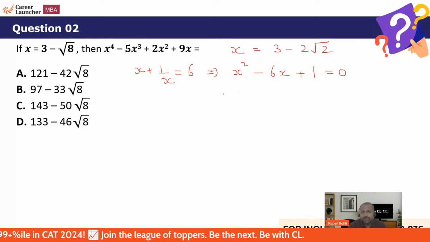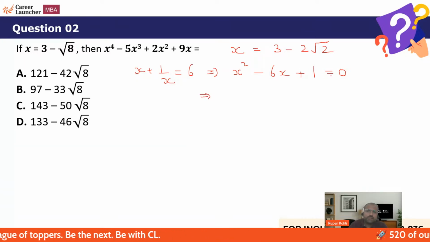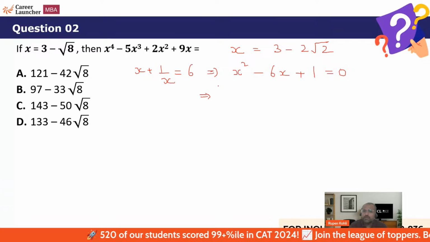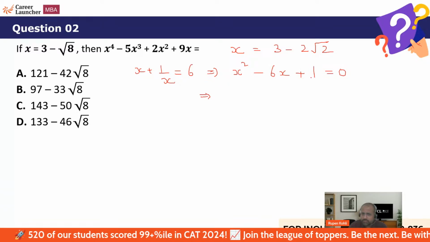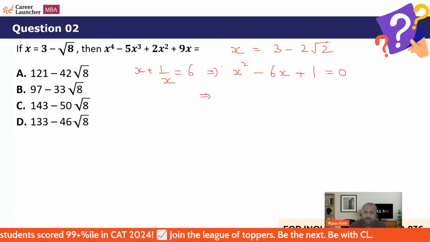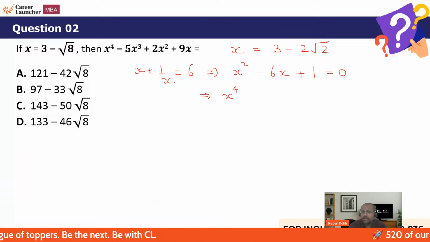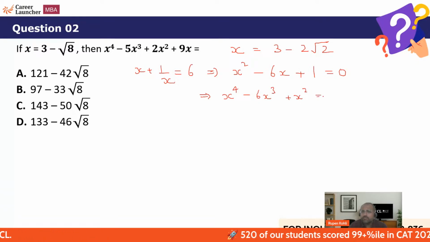If this is 0, can I also say that if I multiply both sides with anything, any number, any variable, it will still be 0? So let's say I multiply this equation through by x square. Why? Because I know I have to reach x square. So is it okay to say that x raised to power 4 minus 6x cube plus x square is also 0?